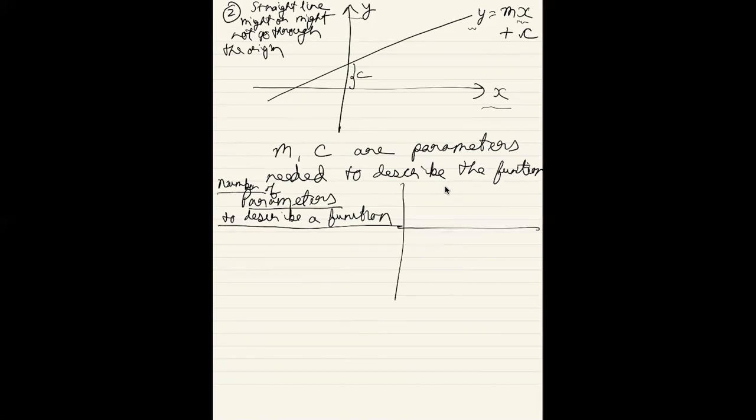I should have written function on the left, but that's okay. Number one, straight line through origin. Number two, generic straight line.